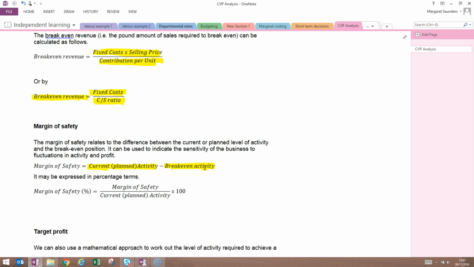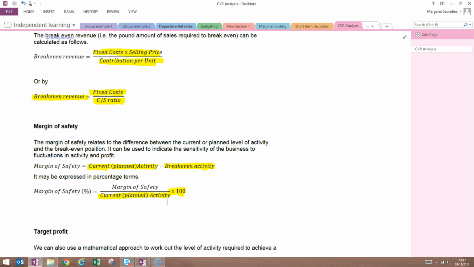So how many units above break-even? Sometimes we might be asked to calculate that as a percentage. So once you have that margin of safety figure, you then divide it by your current or your planned activity and multiply it by 100. We will look shortly at using some of these in an example.